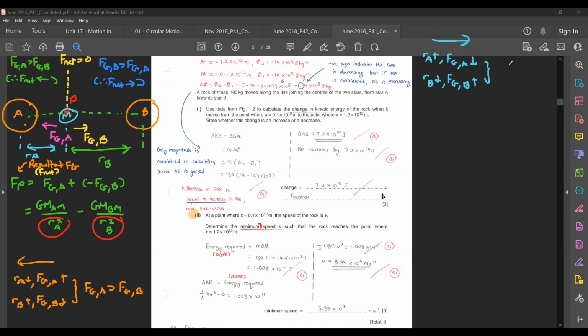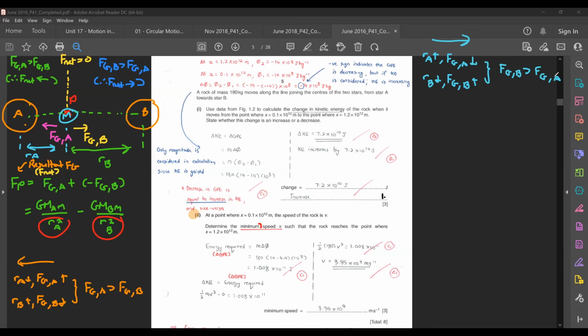So your conclusion is FGB will become more than FGA. Okay, so this is what you're actually getting. All right, this is you looking at it in the form of an equation now.